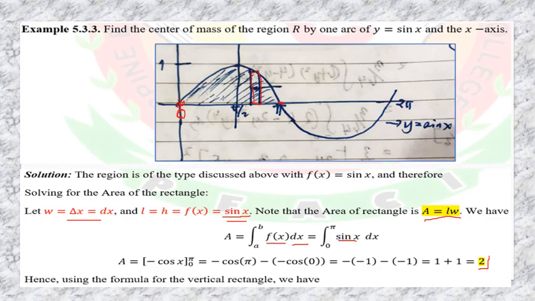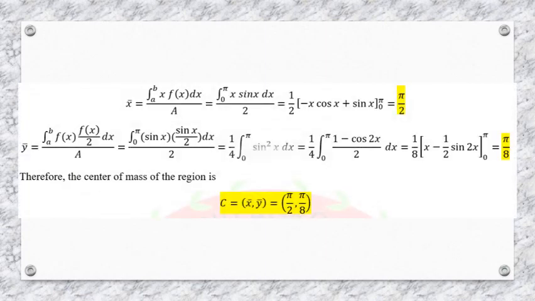Hence, using the formula for the vertical rectangle, x bar is equal to the integral of x times f of x over the area. Sine x dx, and our area is 2, so we get pi over 2.